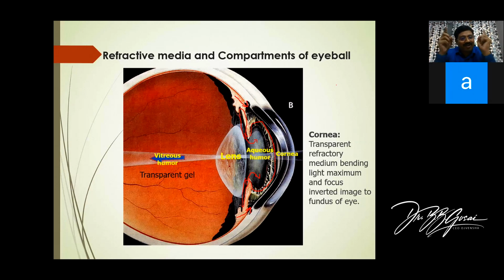So our accommodation reflex, when you want to read near vision, is by the parasympathetic fibers of the oculomotor, and that contracts the ciliaris, relaxes the suspensory ligament, and makes the lens thick. This is for near vision, and that reflex is known as the accommodation reflex.